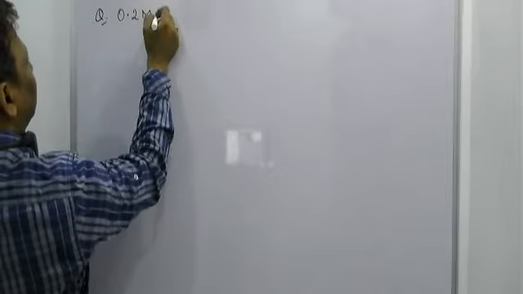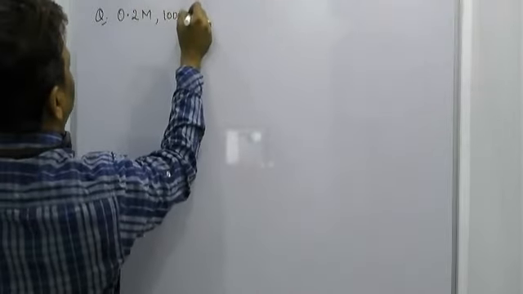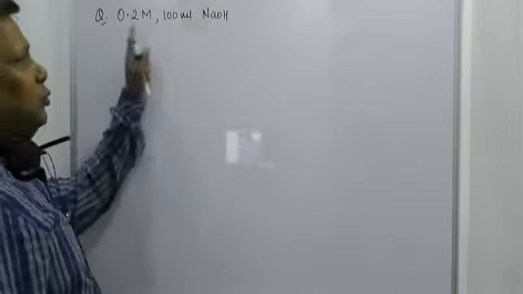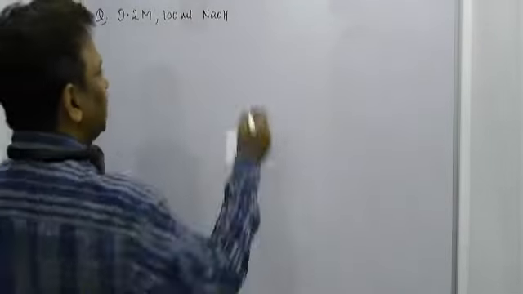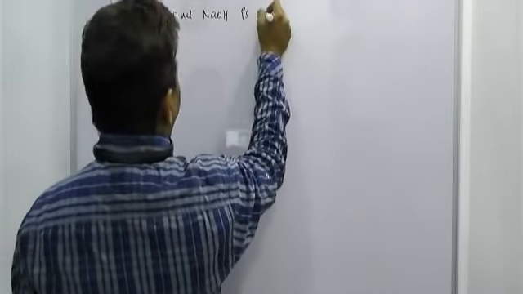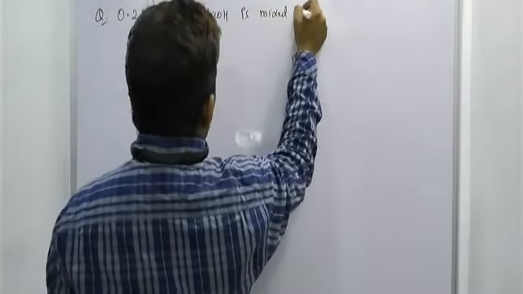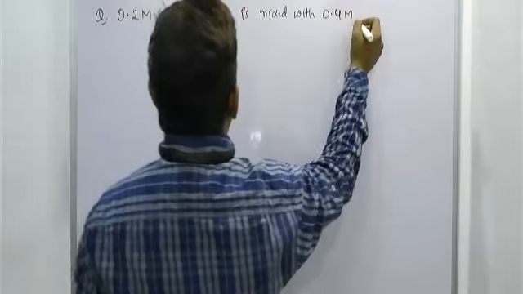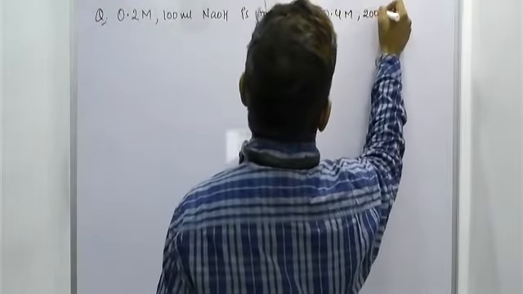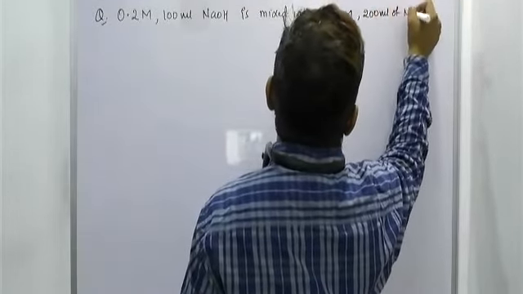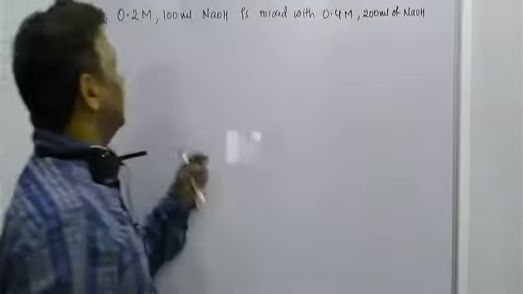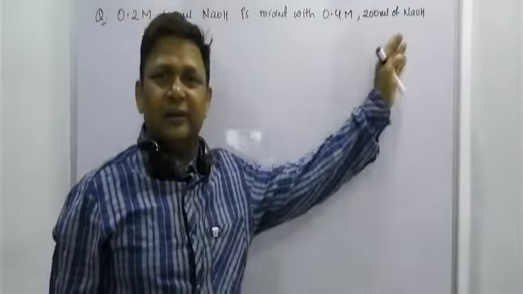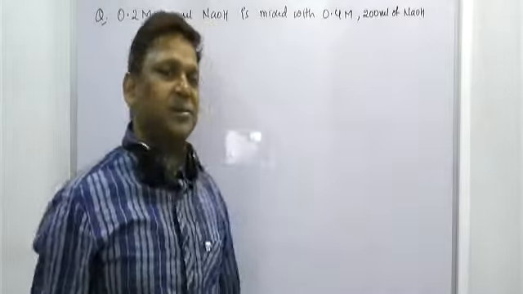0.2 molar 100 ml NaOH is mixed with 0.4 molar 200 ml of NaOH. This is NaOH, a basic solution, mixed with another NaOH, which is also a basic solution.